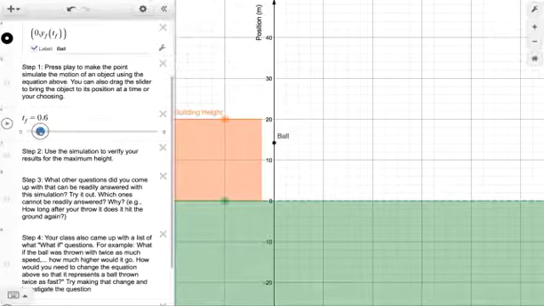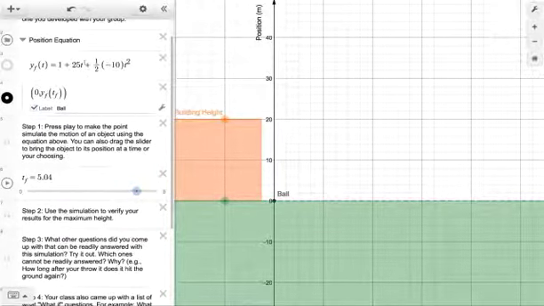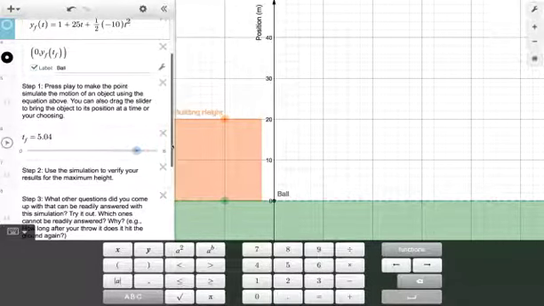So if students wanted to, for example, figure out how much total time it spends in the air, they could run the simulation and find out that it would hit the ground at a little after 5 seconds later. That's because it took 5 seconds to get back to the original position, but it was thrown from 1 meter above the ground, so there's a fraction of time to cover that last meter.